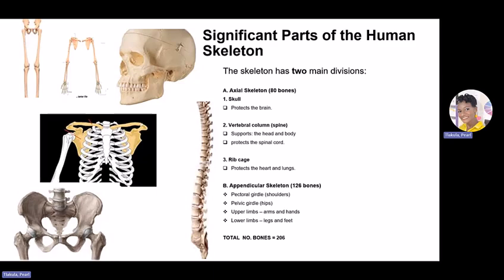It has what we call the pectoral girdle, which are the shoulders, the pelvic girdle, which are the hips, the upper limbs, which are the arms and the hands, the lower limbs, which are the legs and the feet. In total, the human skeleton has 206 bones.